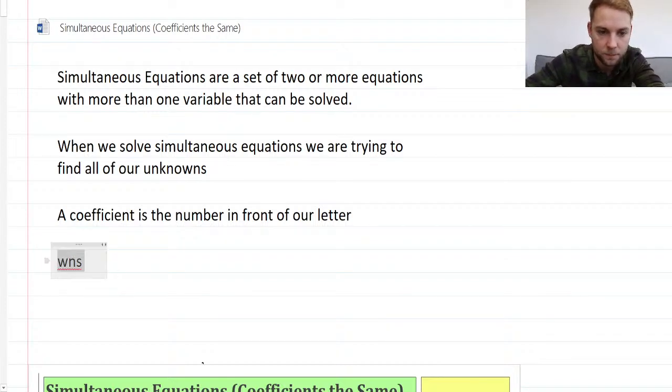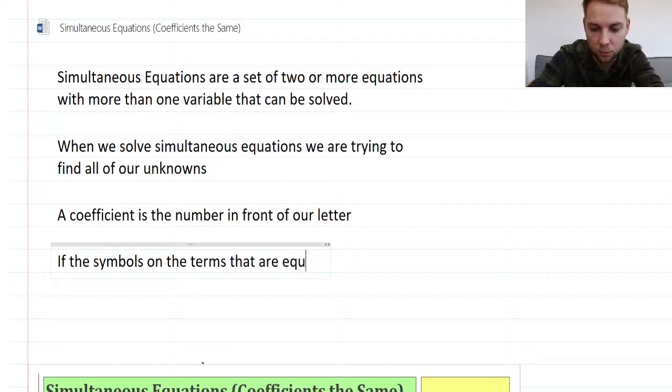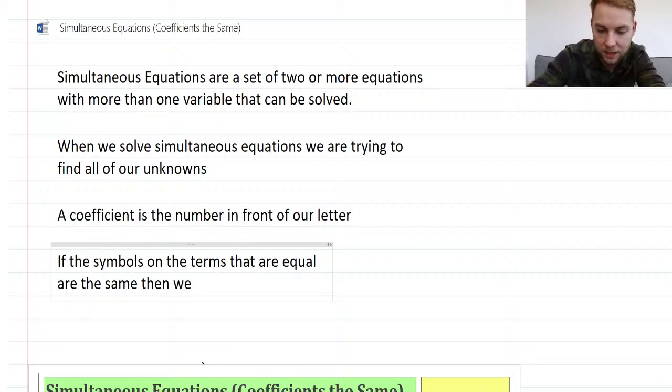So, if the symbols on the terms that are equal are the same, then we subtract our equations.